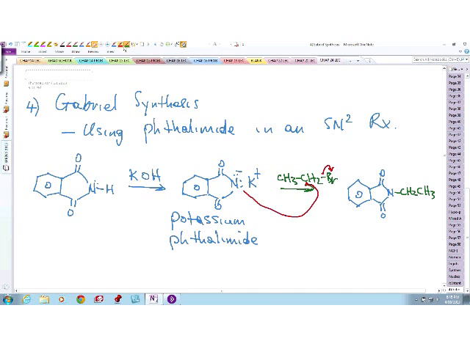You could use any variety of alkylating agent at this point. If we take the N-ethyl phthalimide that we have here, we simply hydrolyze this using potassium hydroxide or sodium hydroxide. We will open up this here and we will end up forming this.